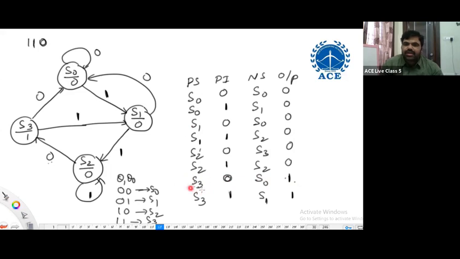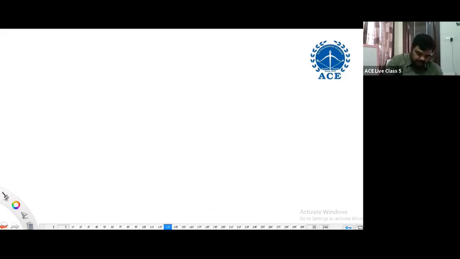At this moment, what is the state? S3. S0 we are going to see after the next clock edge occurrence. But here S3 is deciding the output. So remember that we decide the outputs based on the present state. Same thing I am repeating.